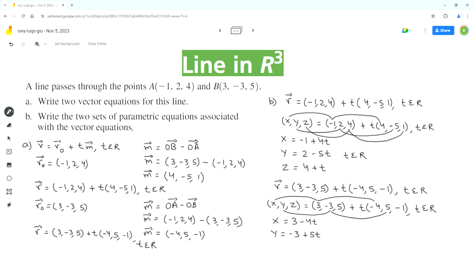And next we can write the z equation using the z component. So these are the parametric equations for the second vector equation.